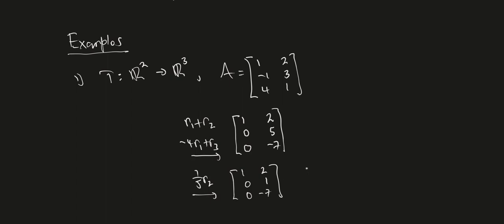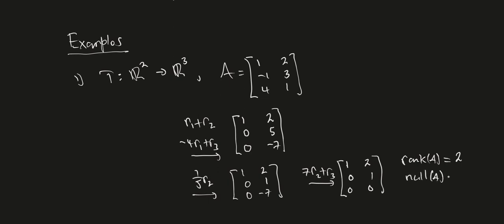And then finally, if I do 7 times row 2 added to row 3, then I end up with 0, 0, right? So the rank of this matrix is 2. So the rank of A is 2, and the nullity of A is 0.